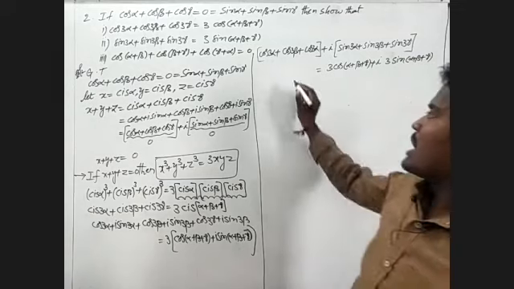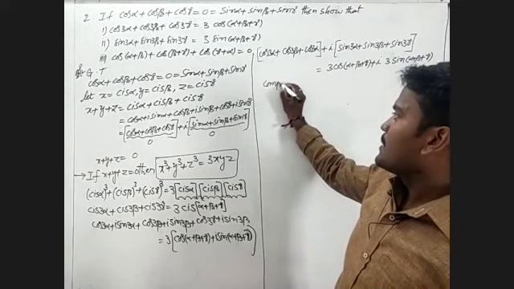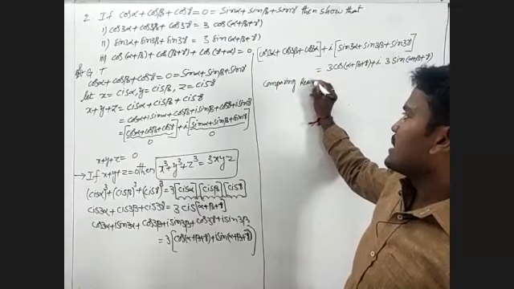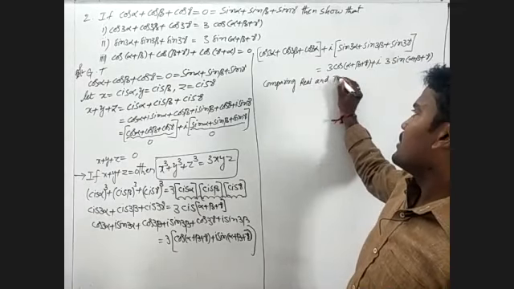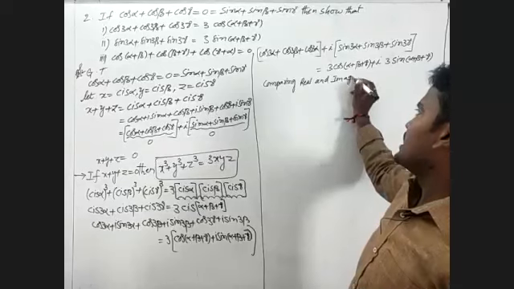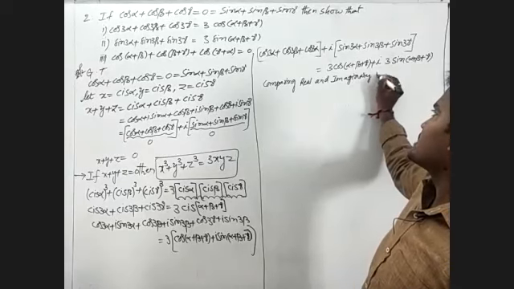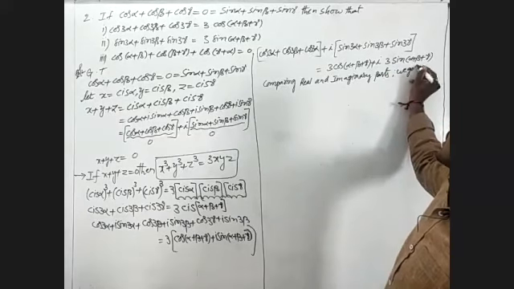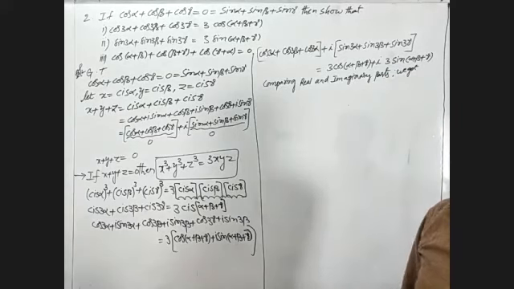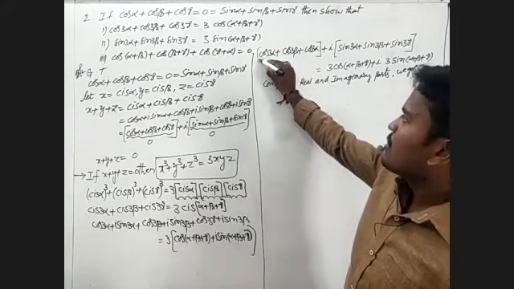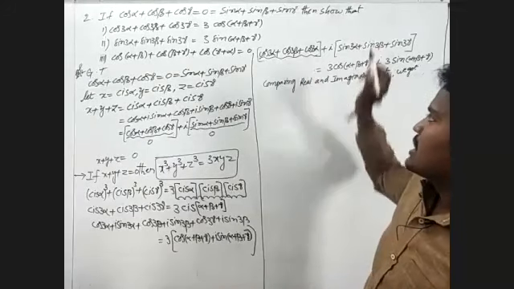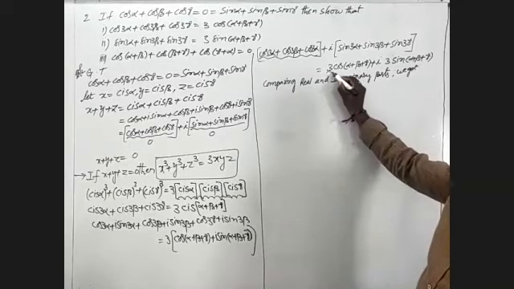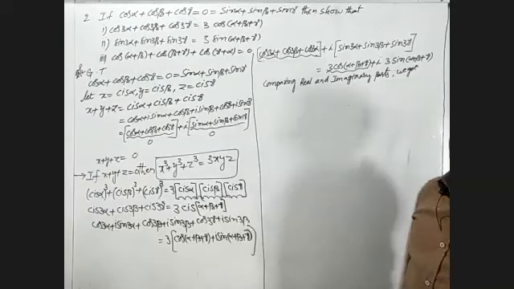We'll observe, comparing real and imaginary parts, we get: comparing real and imaginary parts, where the given real part is cos 3 alpha plus cos 3 beta plus cos 3 gamma, which is 3 cos of alpha plus beta plus gamma.